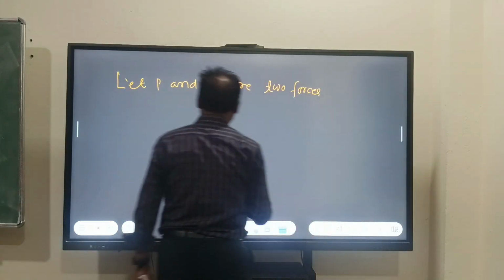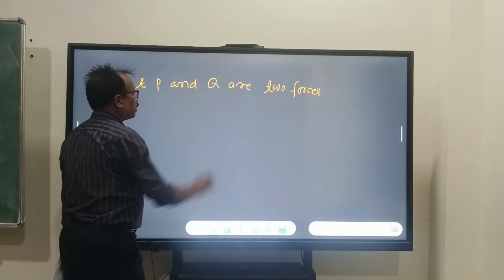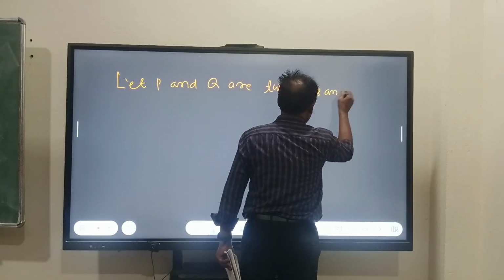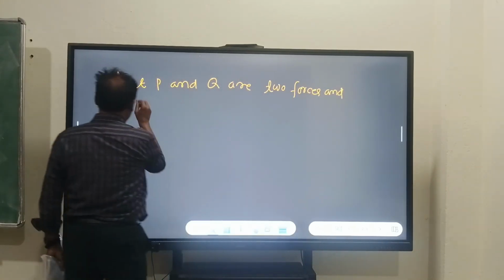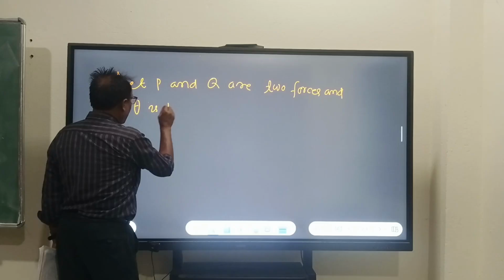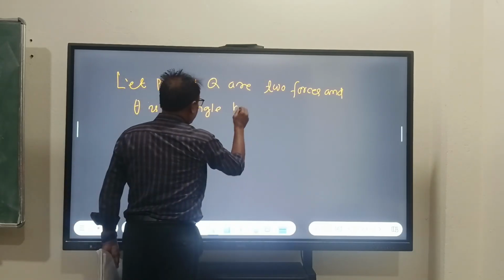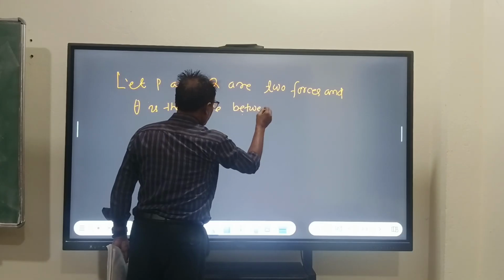First, let P and Q be the two forces and theta the angle between them.